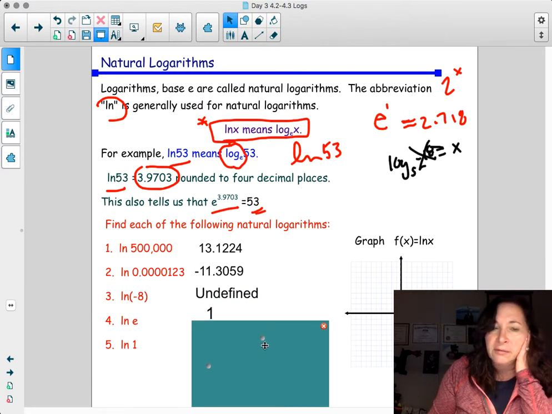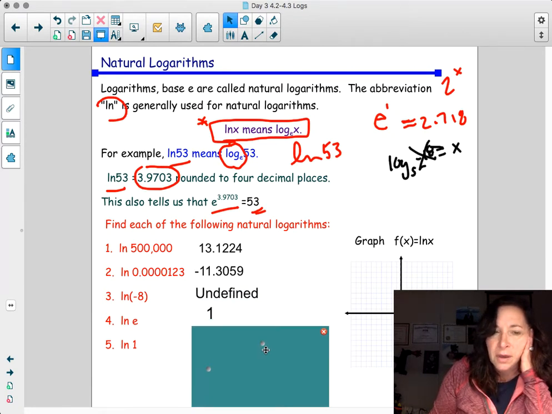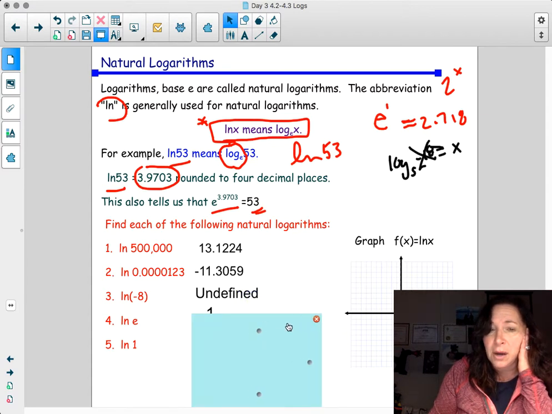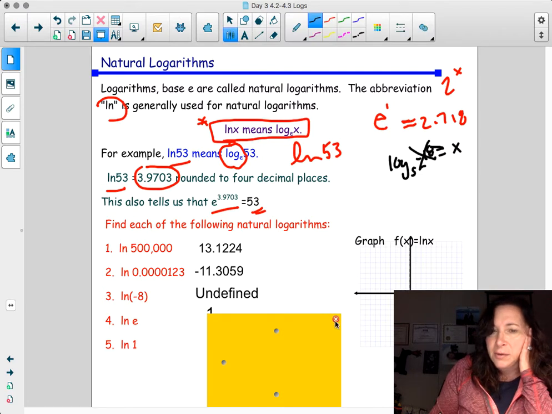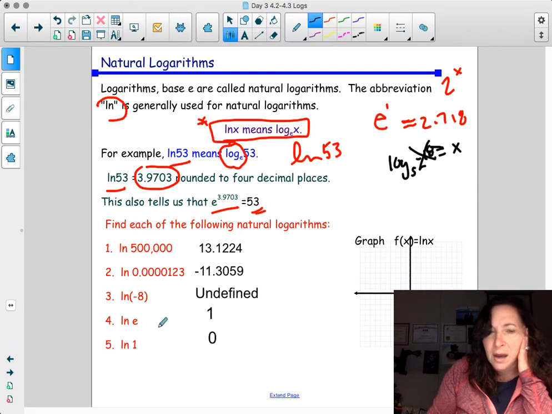Now, ln of e is 1. And the reason for that is that we can replace ln with log base e.